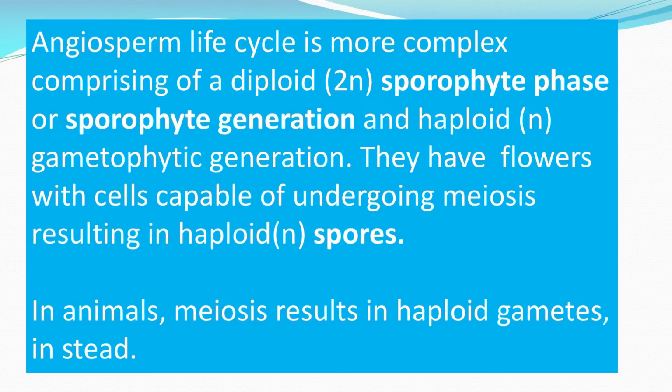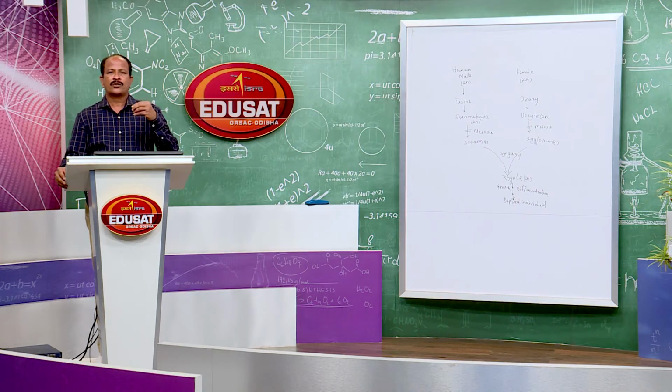The angiosperms we see around us in nature, the flowering plants, are the sporophytes. They are the true plants having root, stem and leaf, and ultimately they produce flowers. These flowers are the sex organs of the sporophytes.